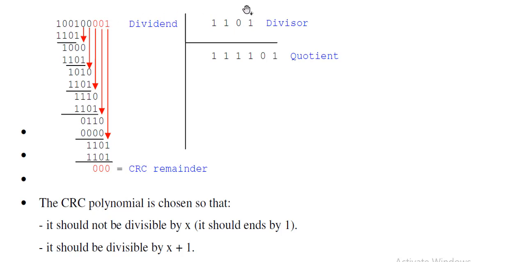So we divide over the same polynomial. We do the same division. The result has to be 0 to announce that no error has happened. If the remainder is 0, it means everything is okay. If the remainder is different than 0, the receiver will detect an error, will declare that an error has been detected, and the data or the packet has to be resent again.